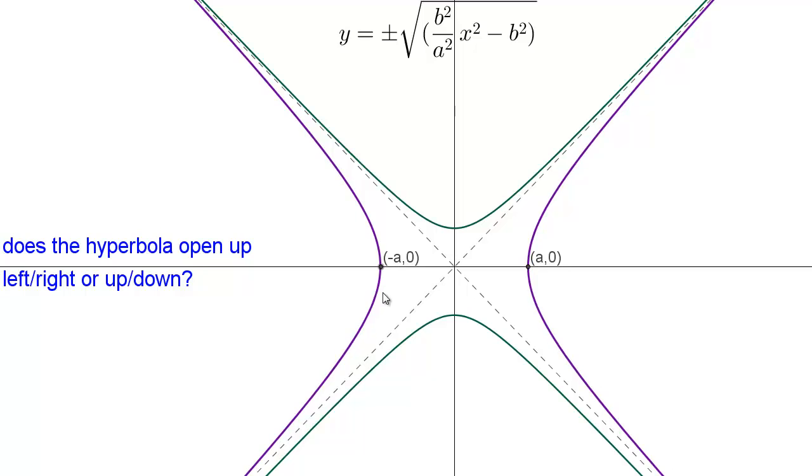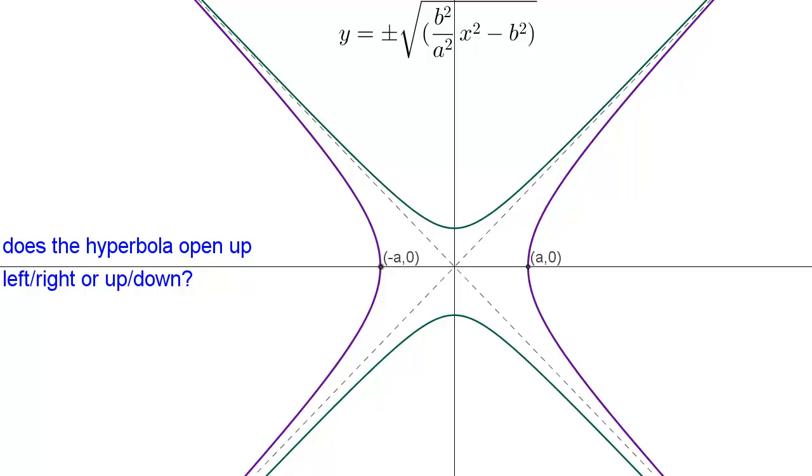And in fact, x could also equal negative a, because it is plus or minus, and the x term is being squared. So if x were a or negative a, these a squareds would cancel out, the inside of the radical would go to 0. So therefore, this is the equation of a hyperbola that opens up left and right.